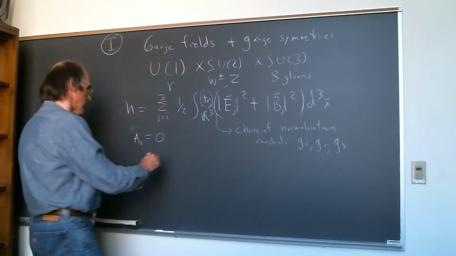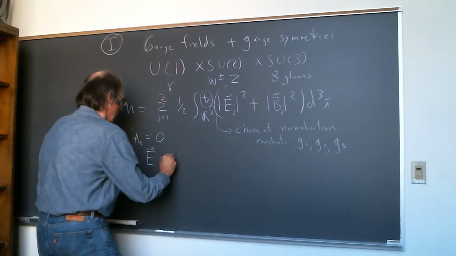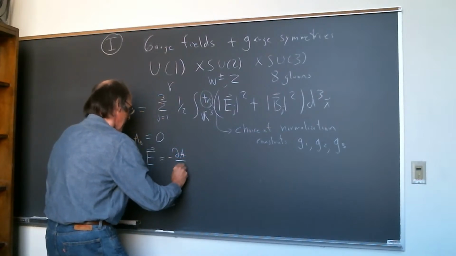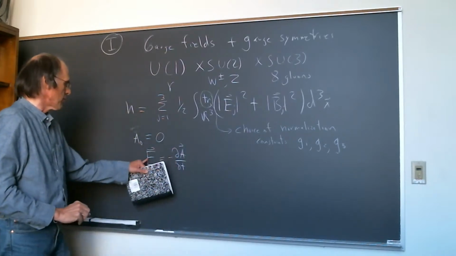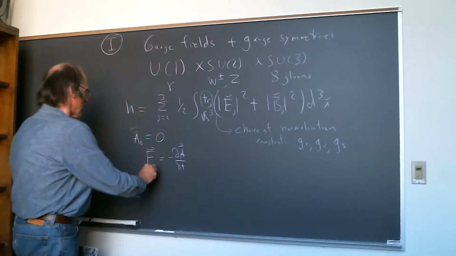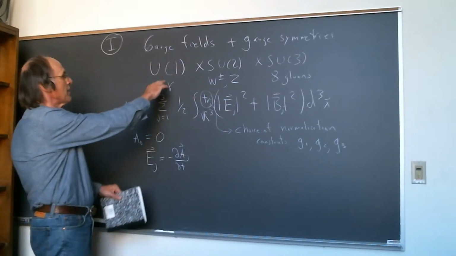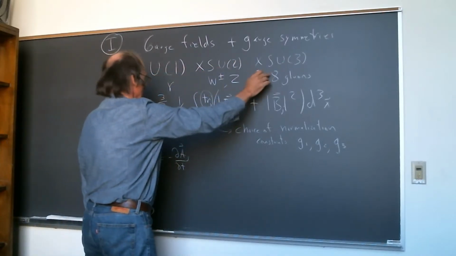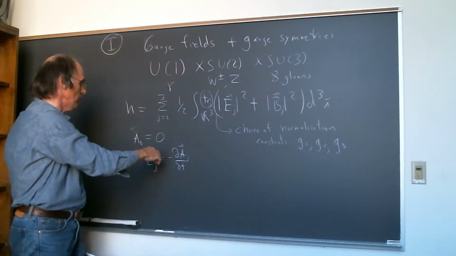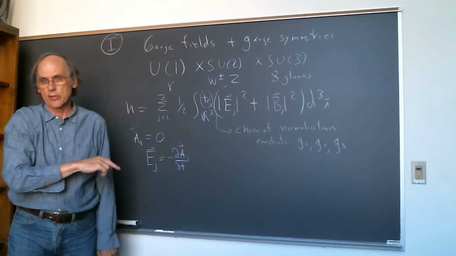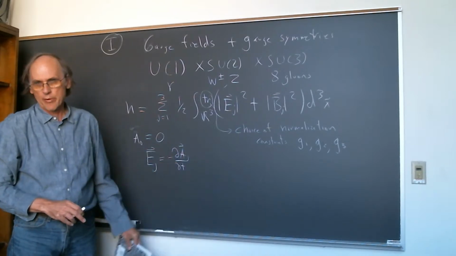And then you have that the E vector is minus the A vector dt. This is fine. I should put J's here, and for each of these cases, you have a corresponding vector potential which lives in the Lie algebra of these guys, and then you have a corresponding E field which lives in the Lie algebra also, and it's just the time derivative of this guy.